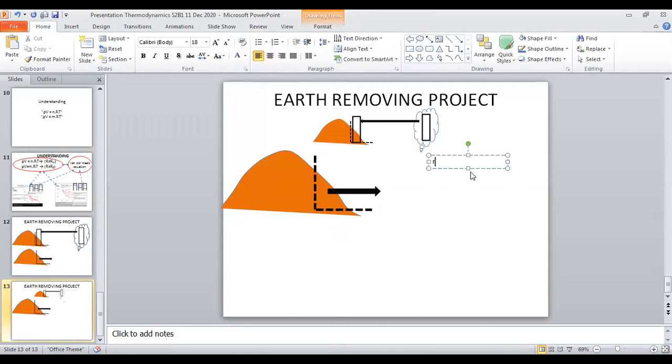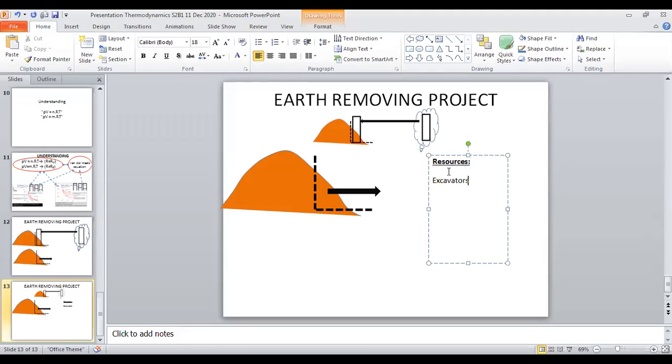The resources I put here. You may have questioned why we are doing this for thermodynamics. What are the resources you need? Let's say the excavators.